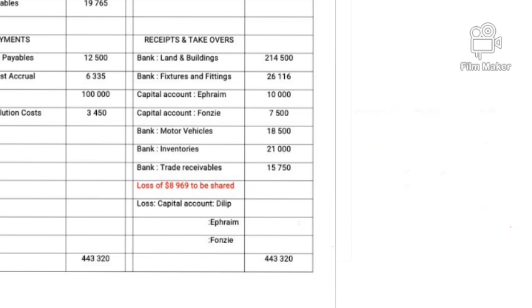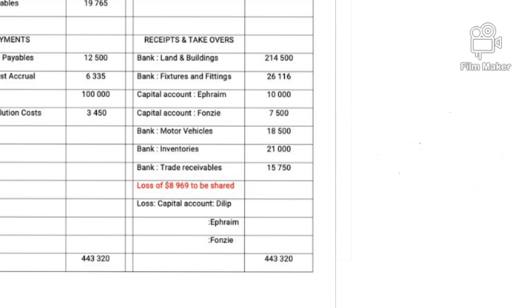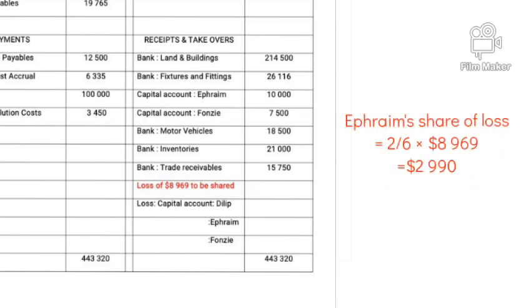3/6 times 8969, you get 4485. This is the loss incurred by Dilip. 2/6 times 8969, you get 2990, representing the loss incurred by Ephraim.